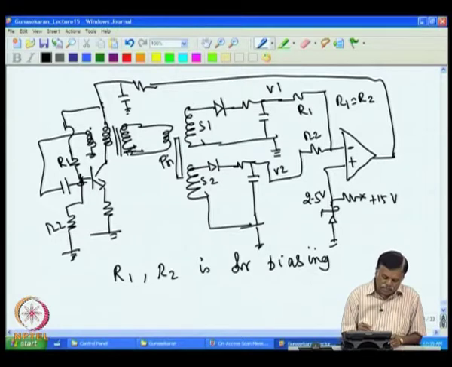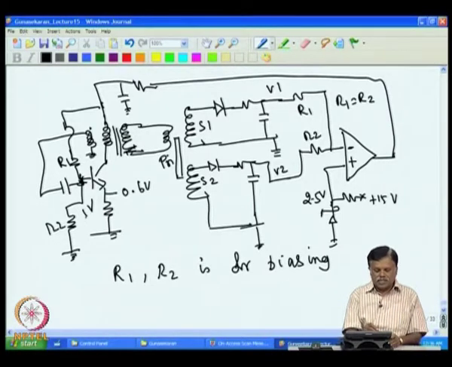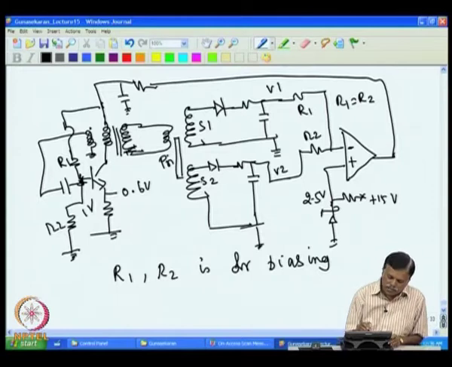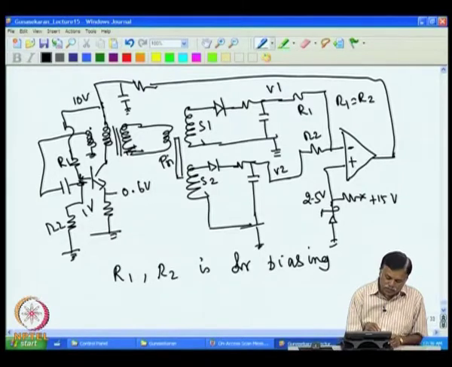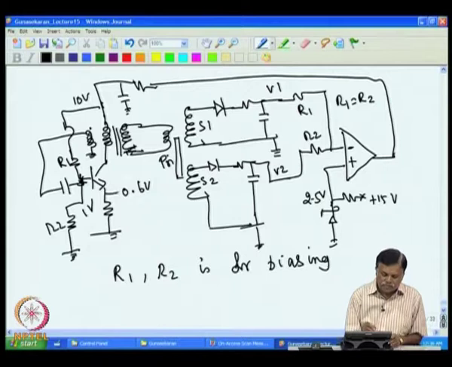Assume that I have kept this point at, say, 1 volt, then I know that this point has to stay at 0.6 volt. So, I can select R1 and R2 such that at 10 volt here, I want to get 1 volt here. So, I can select R1 and R2 to get 1 volt when the input voltage is 10, and if it is 10 then you will have 0.6.